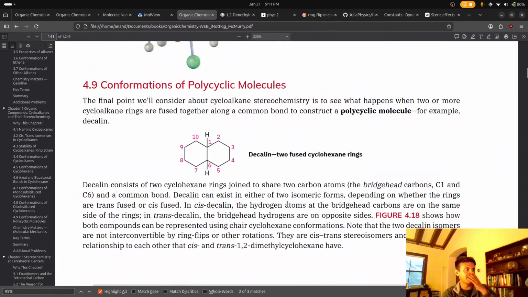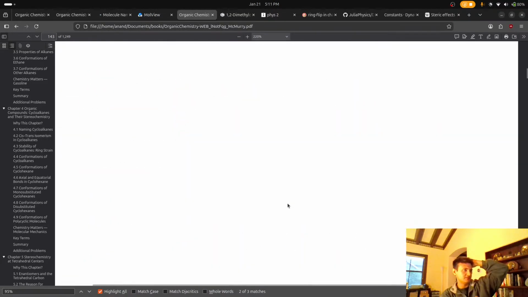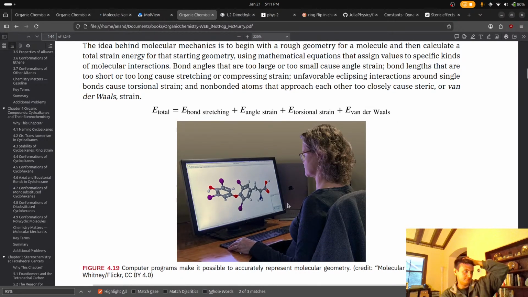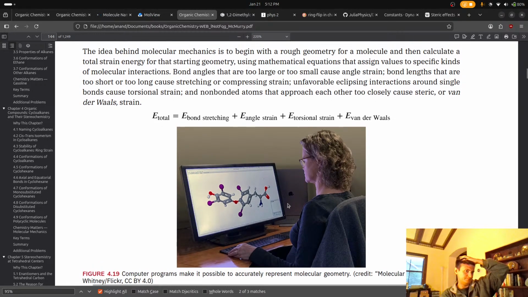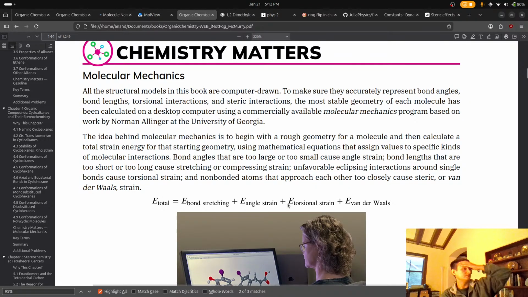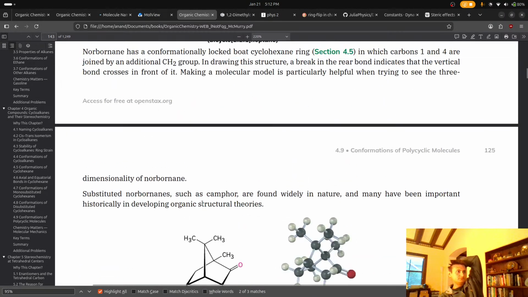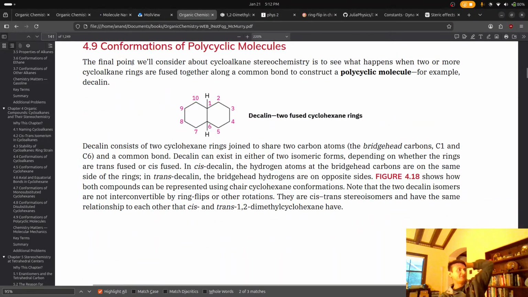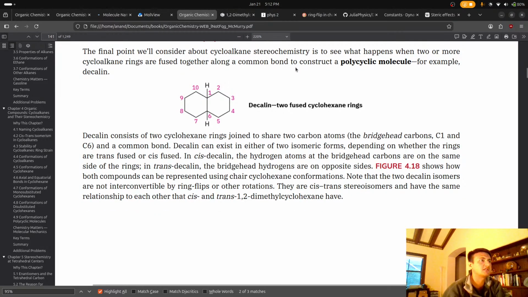All right, let's just read the polycyclic stuff. Oh, that's cool. The final point we'll consider about cycloalkane stereochemistry is to see what happens when 2 or more cycloalkane rings are fused together along a common bond to construct a polycyclic molecule.